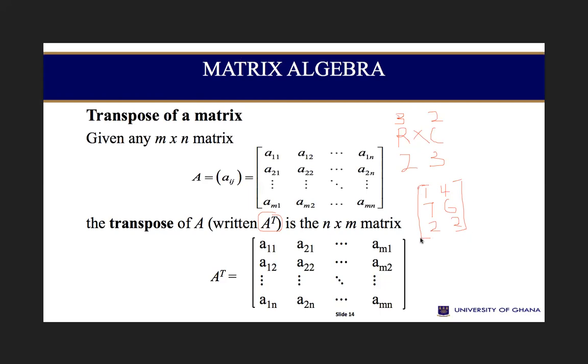2, 3. Okay, 2, 3. So we have, yes. It's not a 2 by 3 matrix. This is 3 by 2, sorry. So we have 3 rows and then 2 columns.